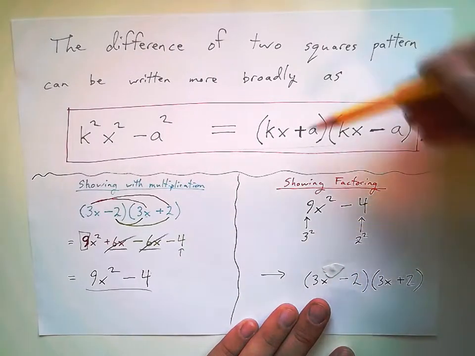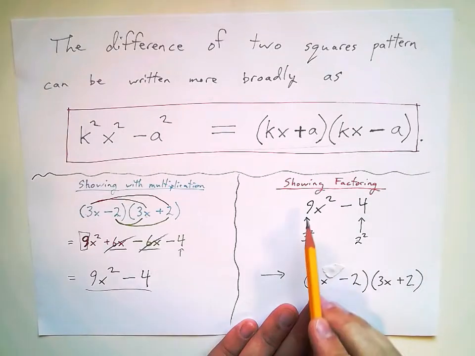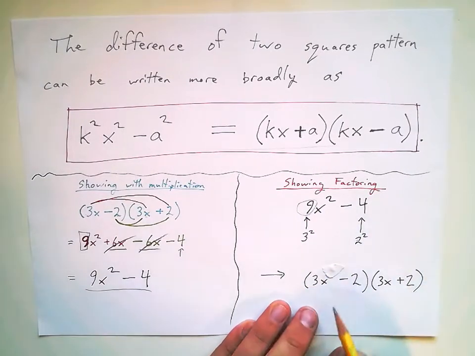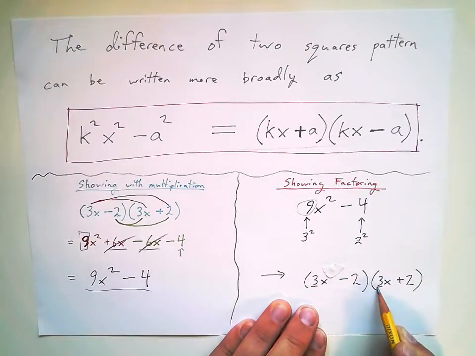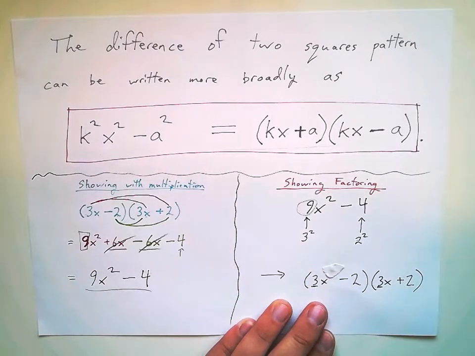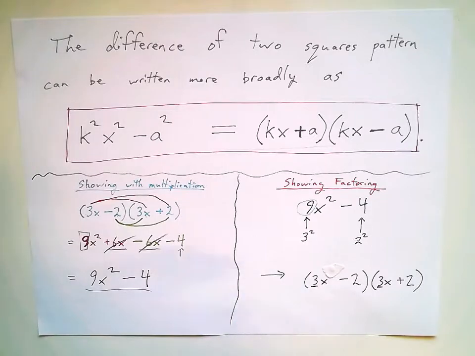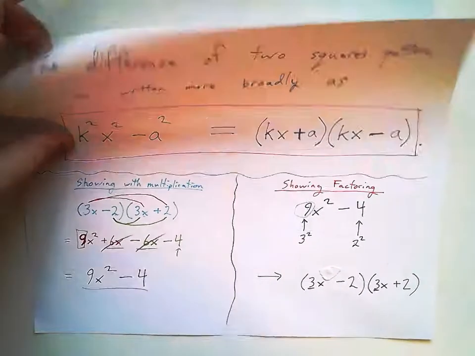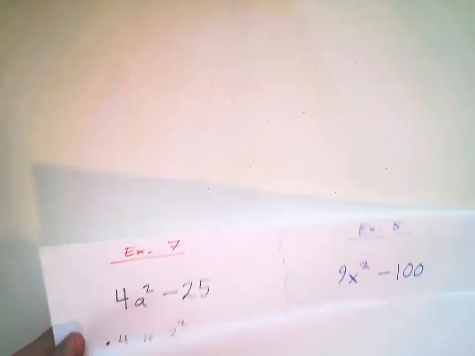Alright, so the 3 is the k. So this number will add this part when you're factoring it. The rest of it's the same as what we were doing before. So let's look at a couple examples that'll hopefully make that a little clearer.